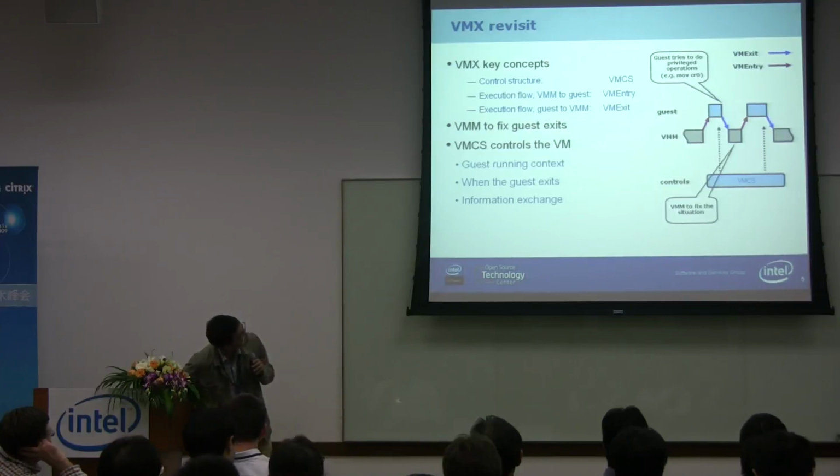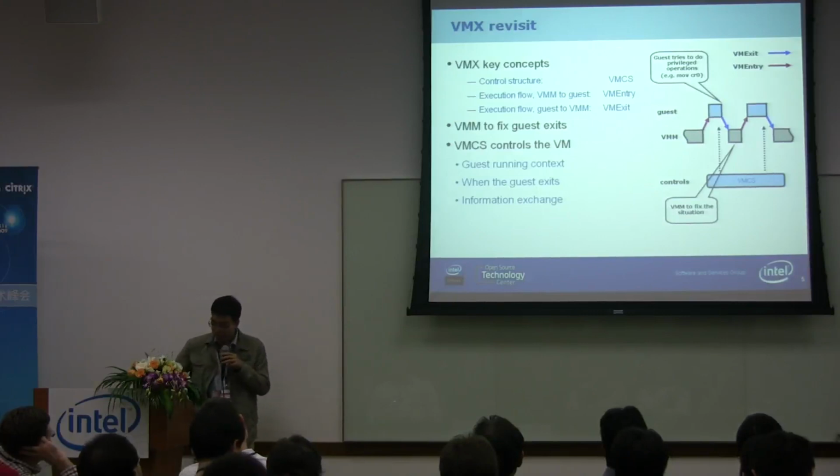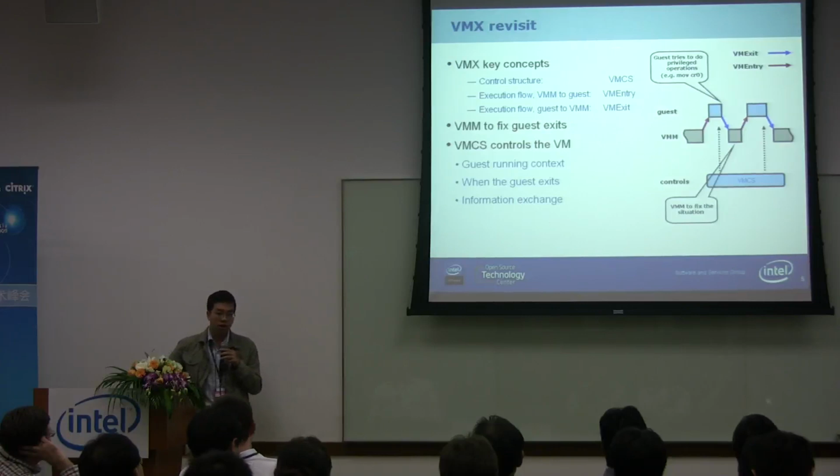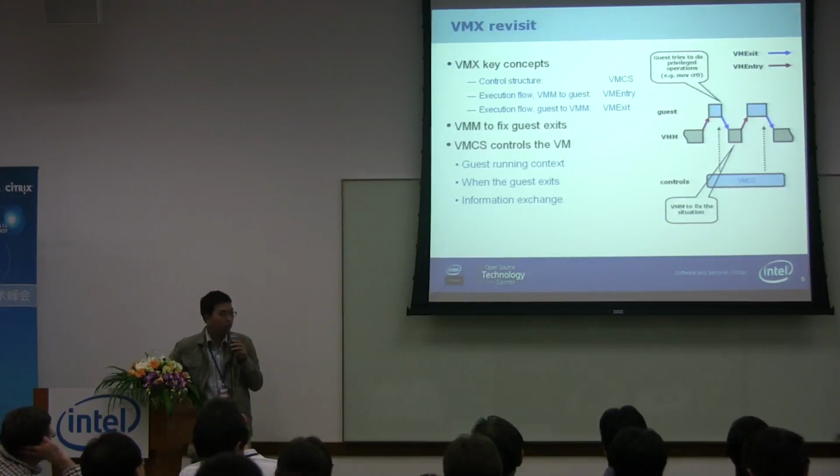It demonstrates the typical behavior of a VMX guest and the VMM. There is a controlling VMCS, which controls the guest behavior. It has a guest running context, and it behaves as an information exchanger between the VMM and the guest. Basically, the guest runs in the hardware context, but it cannot perform some privileged operations.